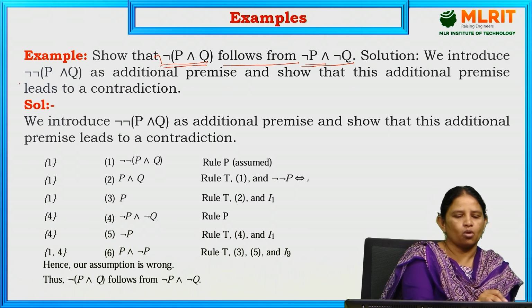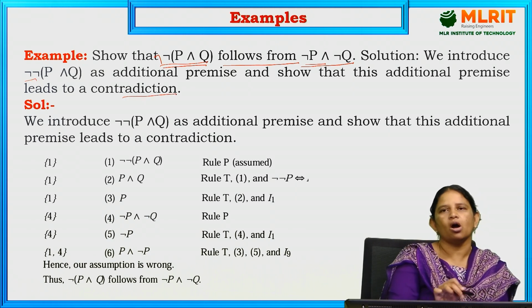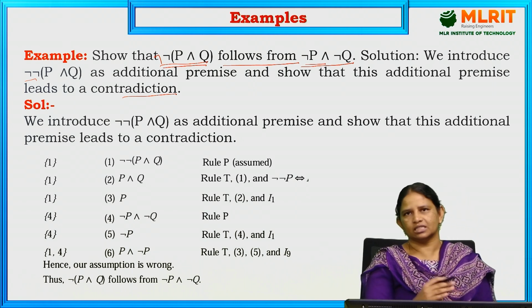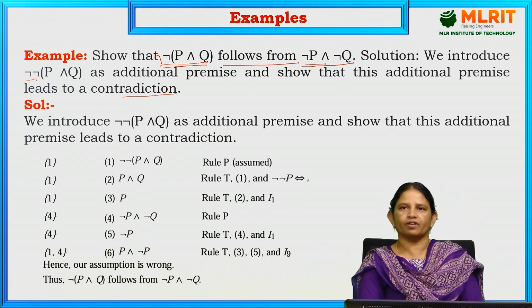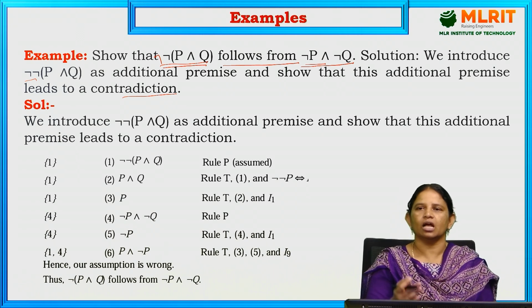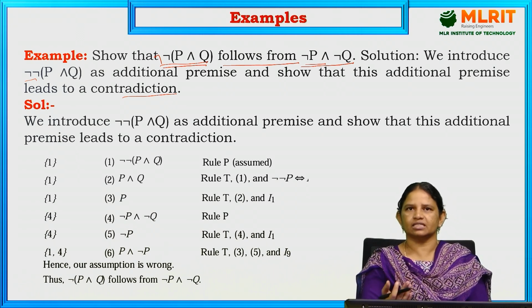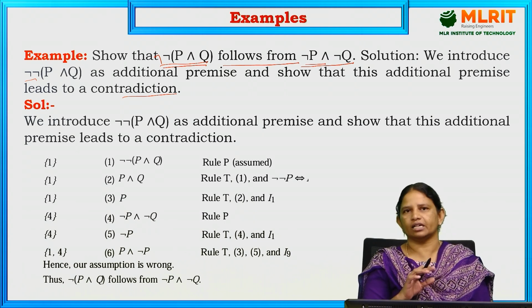Apply one more negation as an additional premise and show that this additional premise leads to a contradiction. So, for the indirect method of proof, whatever conclusion is given, add one more negation, and if that does not hold with the set of premises, then we can say that it is the indirect method of proof.